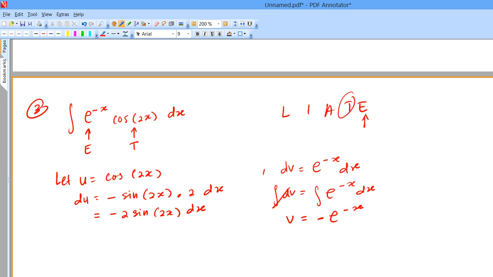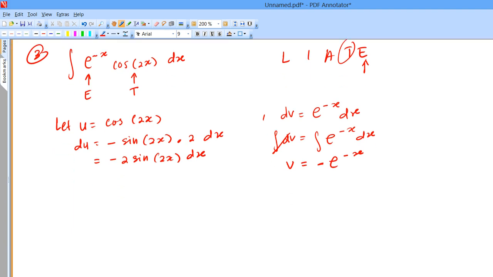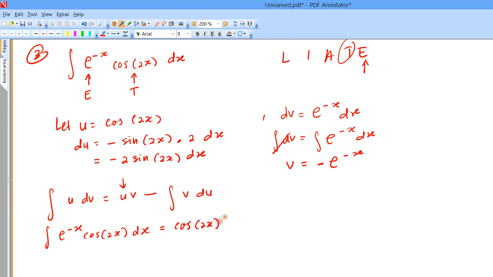Okay, next step, just write down the formula. We have integrate u dv equals uv minus integrate v du. And then on the left hand side just substitute the equation. Integrate e to the power of negative x cos 2x dx equals, and then on the right hand side, okay, what is u? u is equal to cos 2x, and v is negative e to the power of negative x.